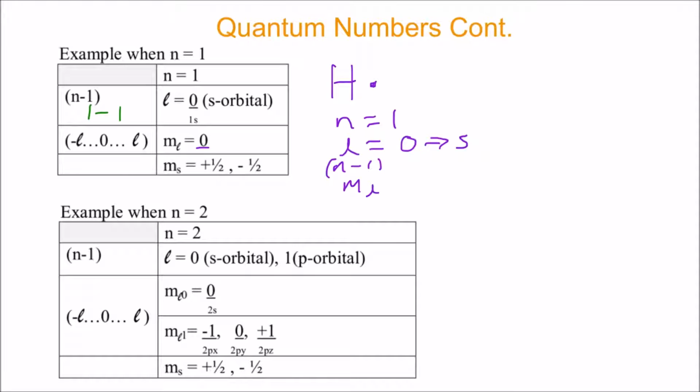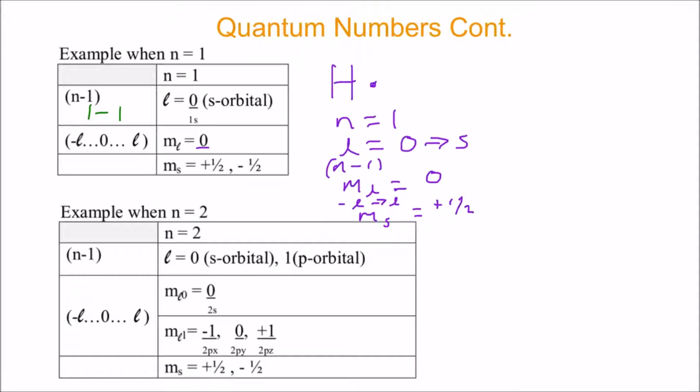Then the m sub L value is going to be 0, because this is from negative L to positive L. And then we've got the spin. Since there's only one electron here, we're going to have the plus 1/2 spin.